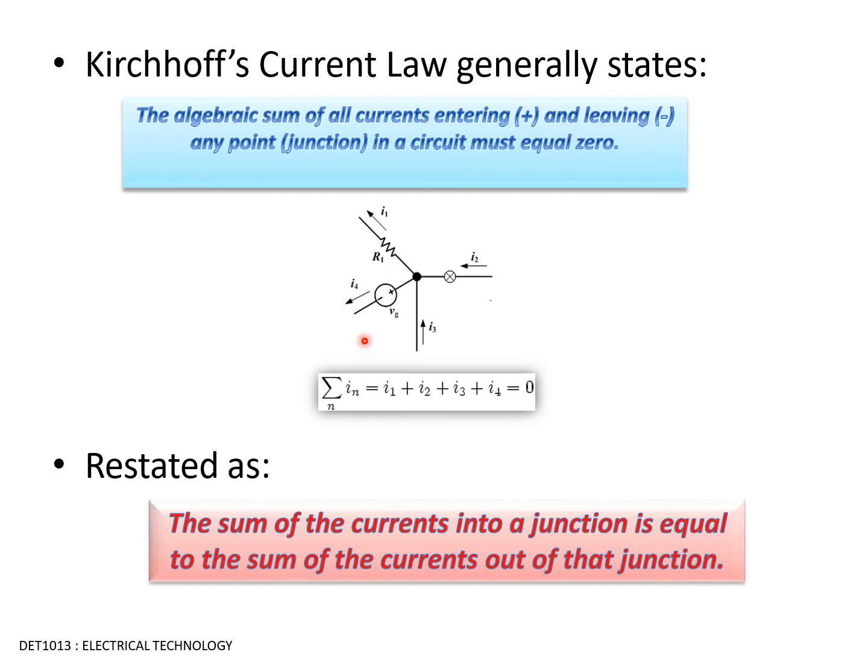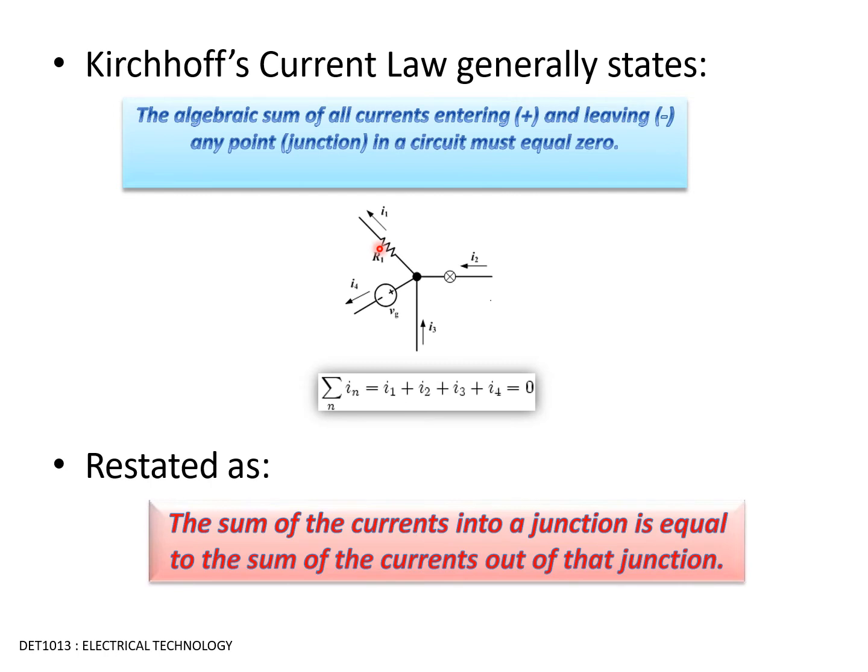Now see this junction here. In this junction, four paths are meeting at this point, and the directions of current are different. This current is moving into the junction, whereas this current is moving away, leaving the junction.